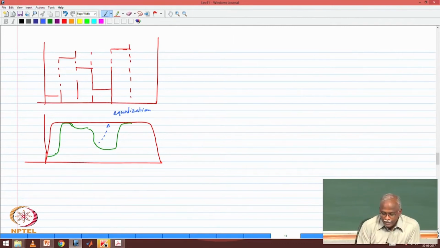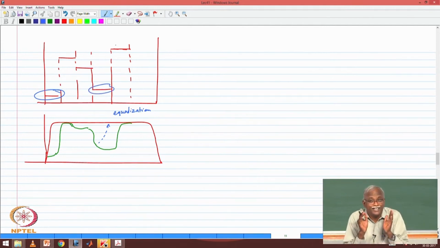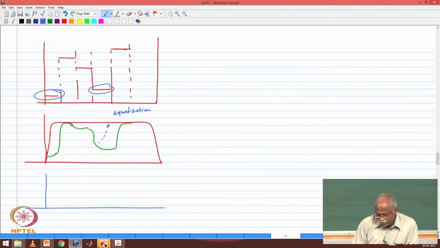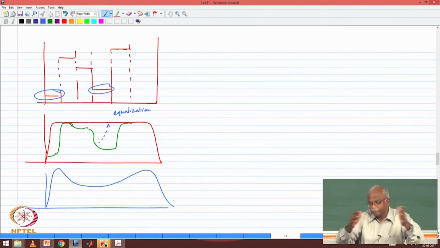Because water filling says, in this portion alone, I don't transmit any information, because that's a very bad channel. Only transmit in these parts. And I can't do that, because I cannot create nulls in my transmitted spectrum, because it's a single carrier system. So at most I can do some shaping of my spectrum, but I cannot create nulls.